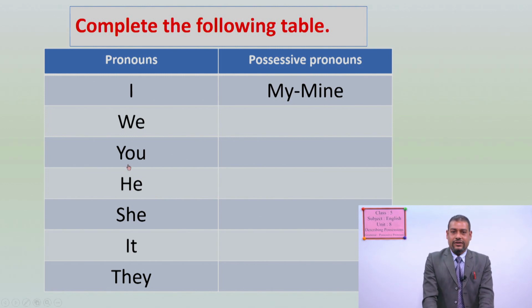The pronouns are given there: I, we, you, he, she, it, they. And one example is given to you. If I is the pronoun for subject, then the possessive adjective is my and the possessive pronoun is mine. Like that, what is the possessive adjective for we and what is the possessive pronoun for we? You have to write it down here. So please write it down.